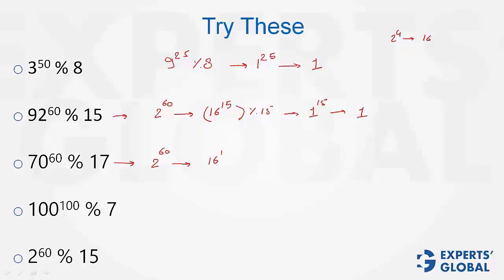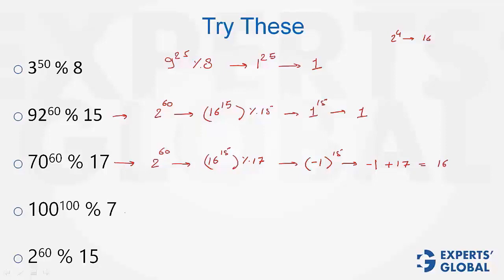So the expression becomes 16 to the power of 15, and we need to find the remainder with 17. Practically, this means negative 1 to the power of 15, which is negative 1. Remember, whenever you have a negative remainder, you must add the divisor to it. So practically, the answer is going to be negative 1 plus 17 equals 16.